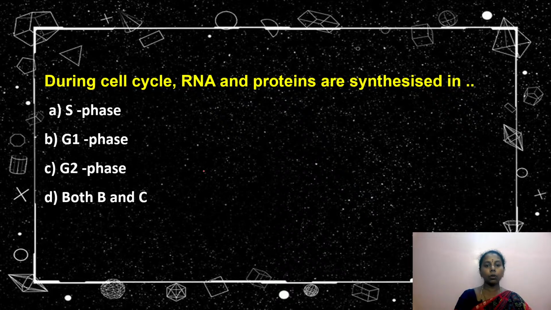Excellent children. Now, during the cell cycle, RNA and proteins are synthesized during dash phase. Yes, it is C. Very correct. Excellent answer by you all.